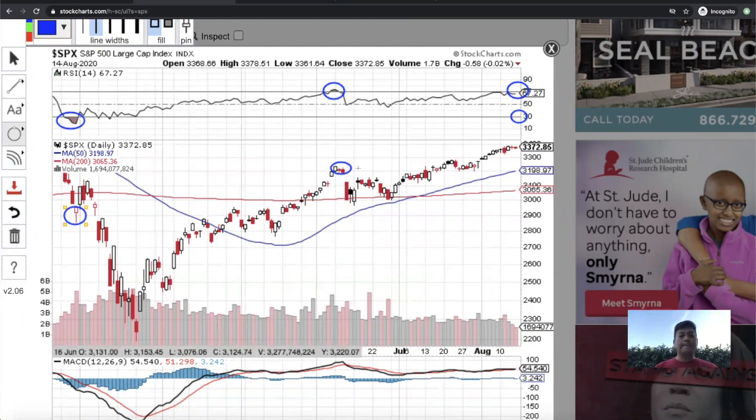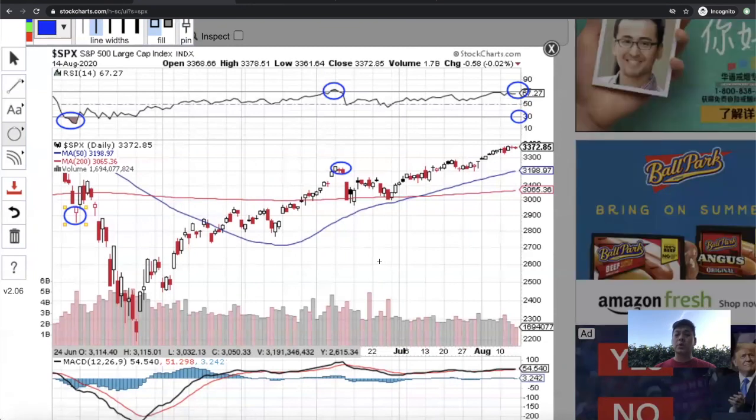Now, are they 100% accurate? No, they are not. However, it's something that I look at once in a while, just to see how the market behaves, especially with this condition right here. You can see that it's testing 30 again, testing 30, and then it just rallies up.